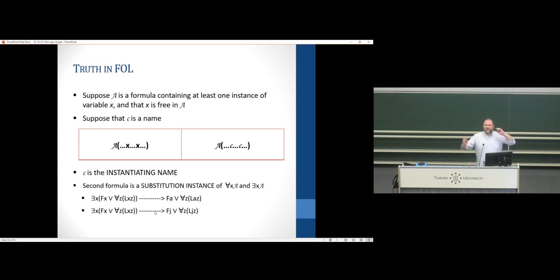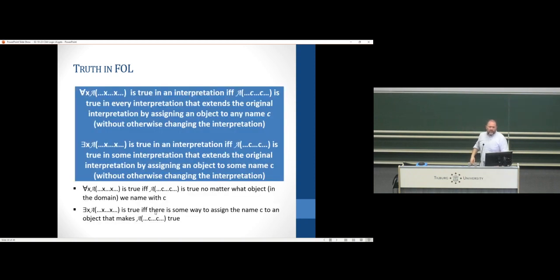Again, don't stress, this is just to be very explicit about how the machinery works. And we can say that this universally quantified sentence is true in an interpretation if and only if the substitution instance is true in every extended interpretation, assigning an object to any name C. That is, it doesn't matter who C names, it's always going to be true.